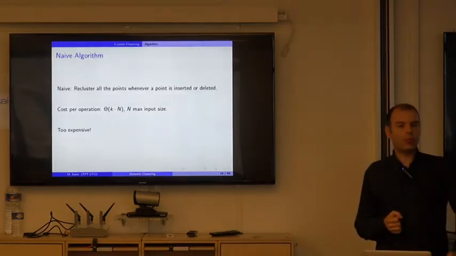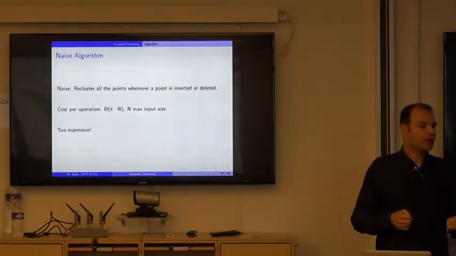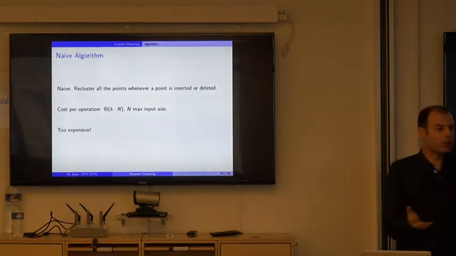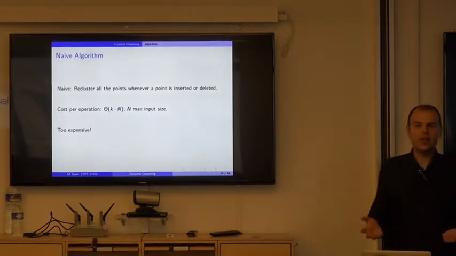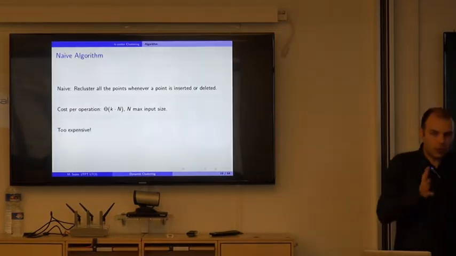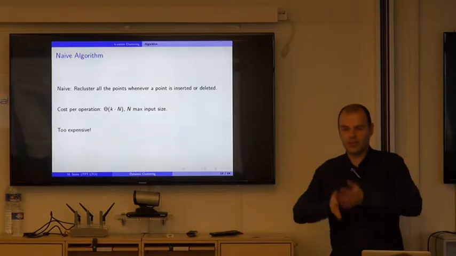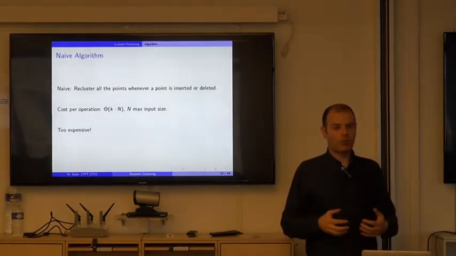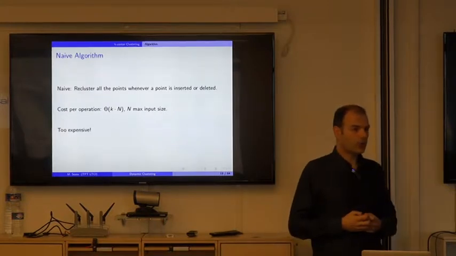Whenever you add a point or you remove a point, you run the algorithm I showed you before from scratch completely. Then, of course, this guarantees that at each point in time, after every insertion and every deletion, we have a clustering with a small maximum radius, okay?